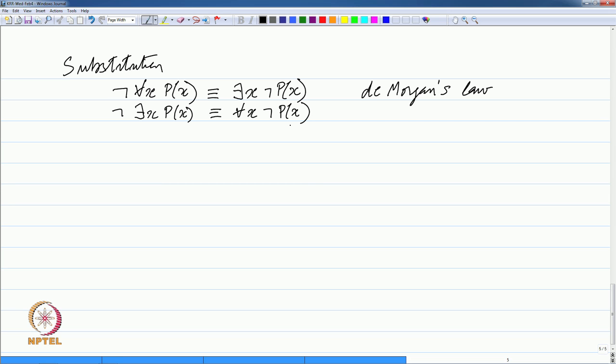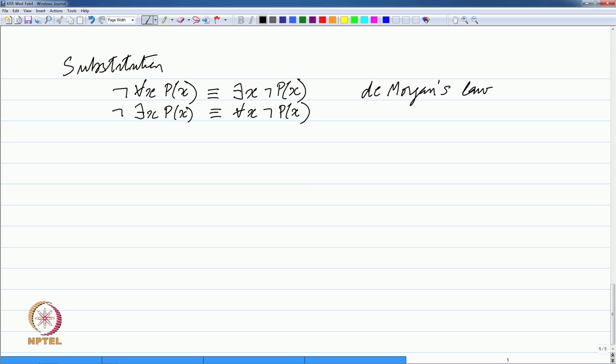So, if now let us say P were to stand for immortal, then you are saying on the left hand side that there is no one who is immortal essentially. There does not exist anyone who is immortal. It is equivalent to saying that everyone is not immortal essentially.